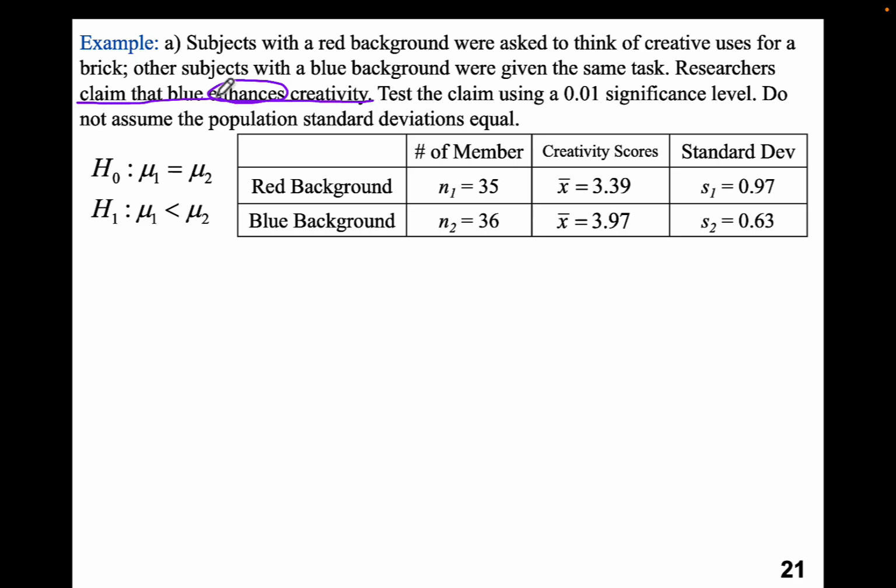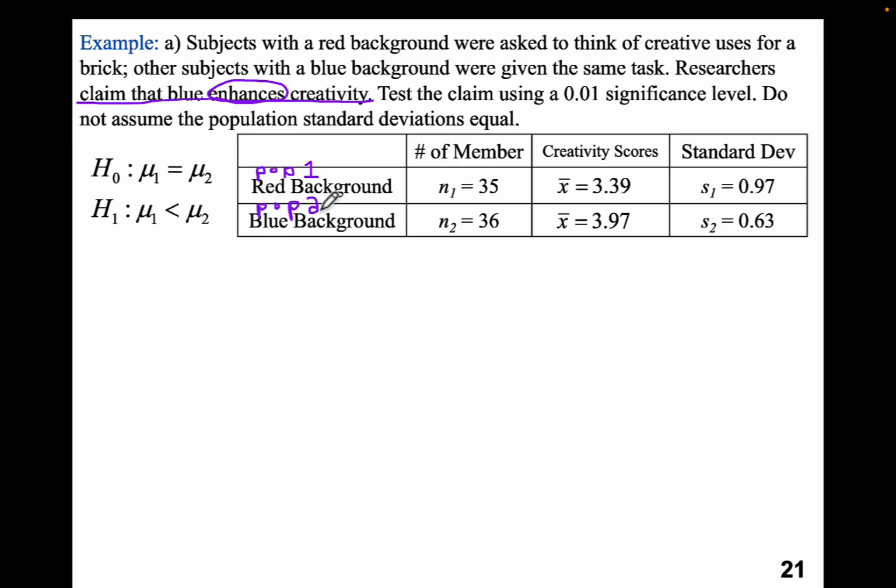So that word right there, enhances, means we think the population with the blue background will have the higher creativity score. So if this is pop 1 and blue is pop 2, okay, so this is population 1. That's the red background. And this one is population 2.